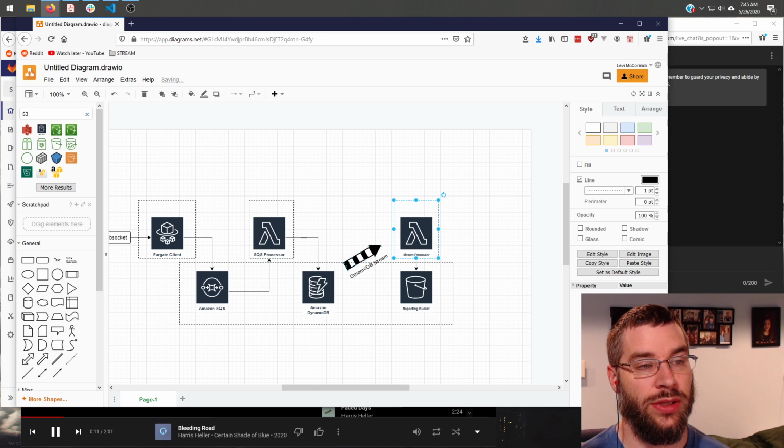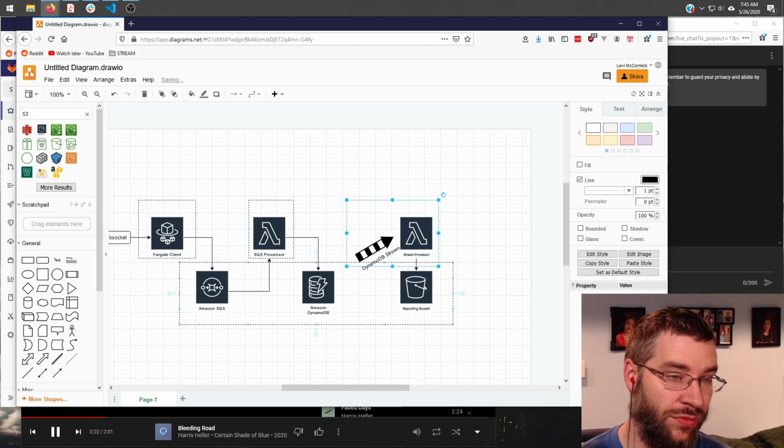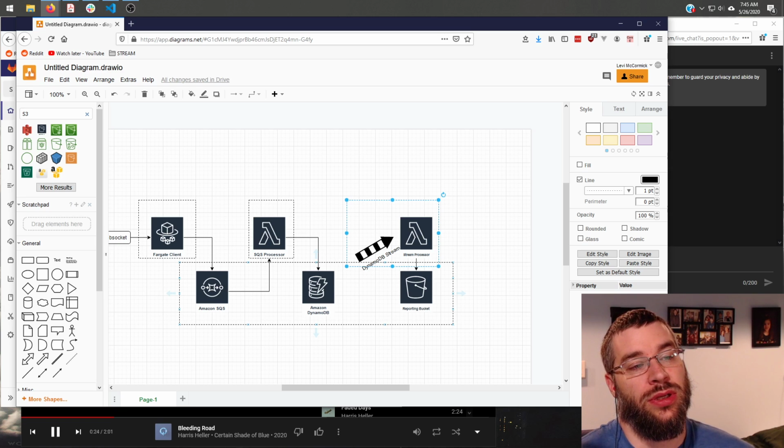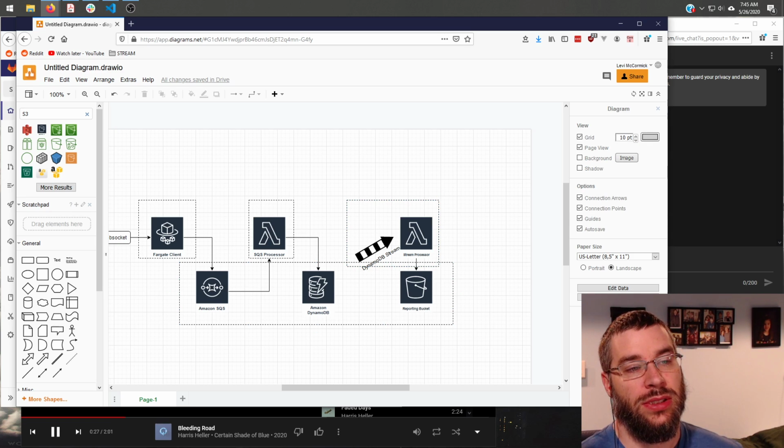And then maybe we'll just sneak these two things into their own stack. And let's just make it really ugly. There we go. So I think that's how we'll organize the resources.